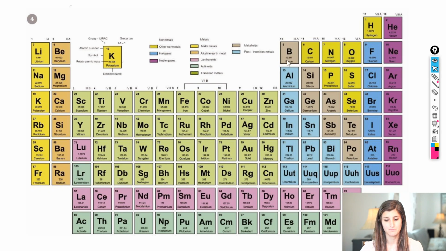So we know that boron has 5 protons and 5 electrons because it's neutral. And we can also figure out the number of neutrons by looking at the atomic mass, which is 10.8, and you subtract 5 from that, and that'll give you the neutrons. Okay?